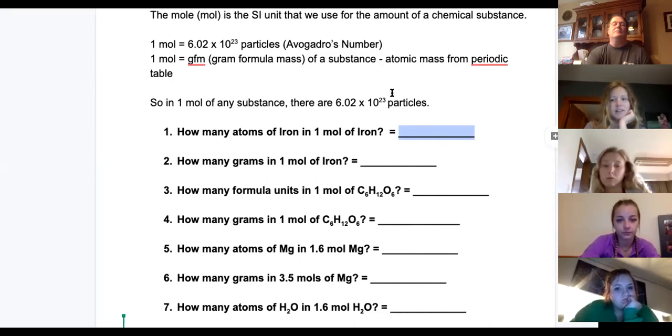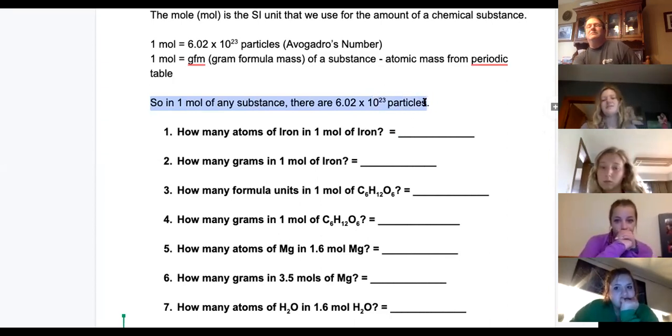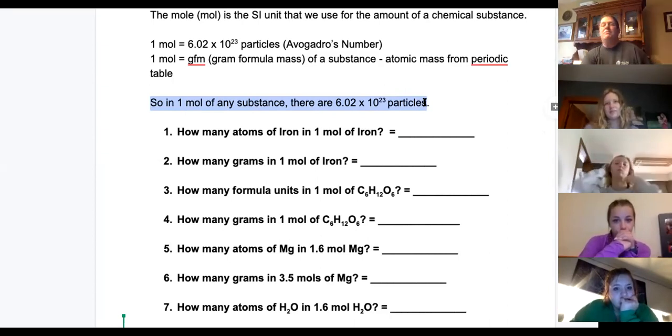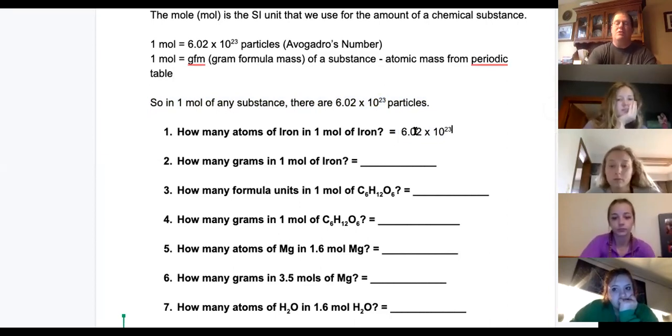Okay, so this sentence says, in 1 mole of anything, there are 6.02 times 10 to the 23rd particles. So in 1 mole of iron, there would be 6.02 times 10 to the 23rd atoms of iron.